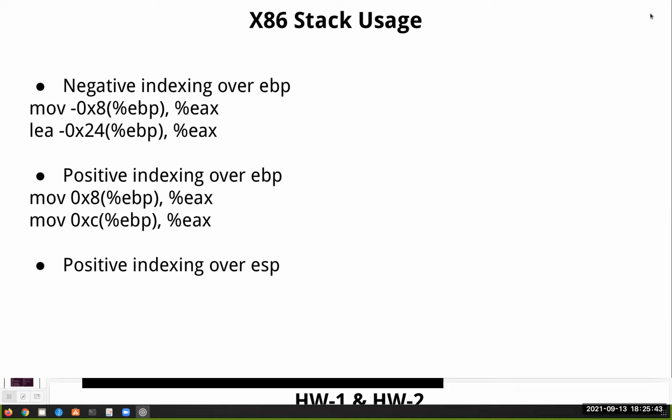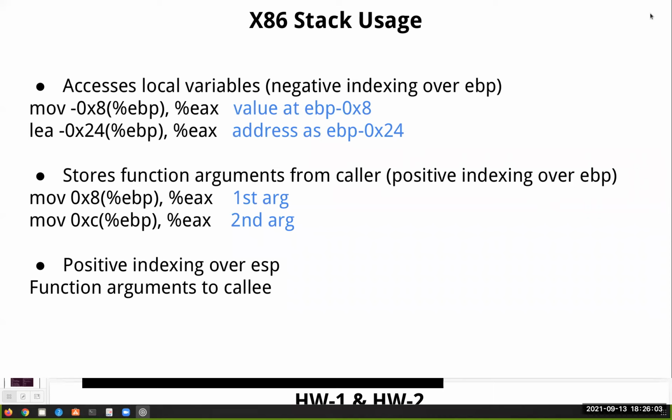So we're getting a local variable's address to EAX. Positive indexing EBP plus 8, that's the first argument. EBP plus C is 12. That is getting a second argument, if there is a second argument, right?